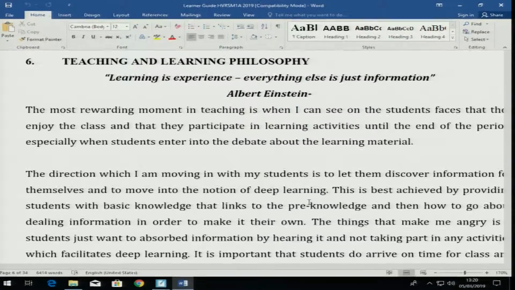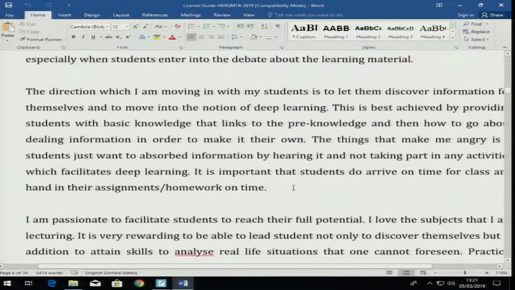I want you to learn something. And in order to learn something, you need to get your hands dirty and you have to work. Because I can stand in front of the class and lecture, but my lectures are only information. When you start doing your assignments, it becomes learning, which is an experience.